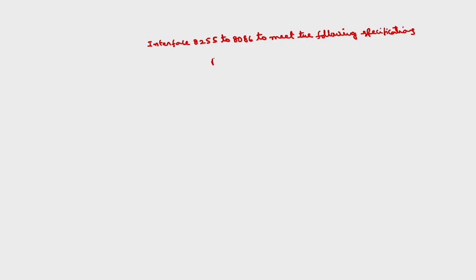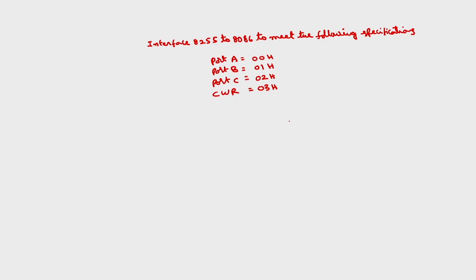For example, if I want port A as, it is up to you, you can take any 4 consecutive locations, 00H, port B as 01H, port C as 02H, controller register as 03H. So these should be consecutive locations.